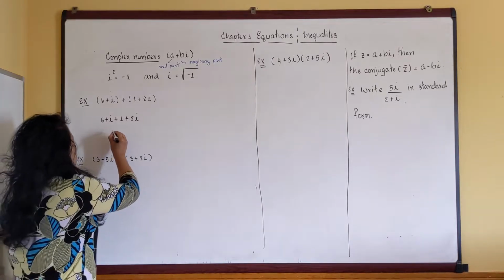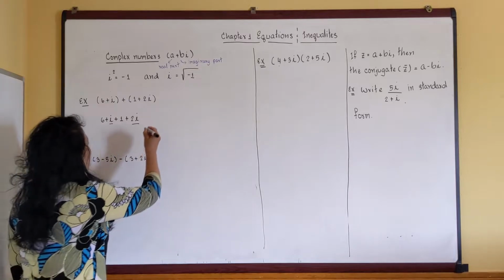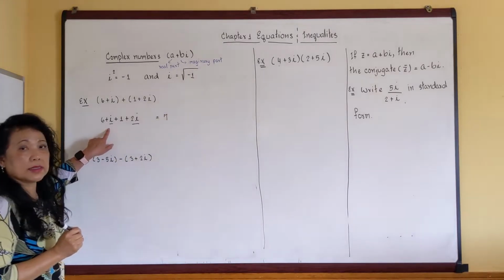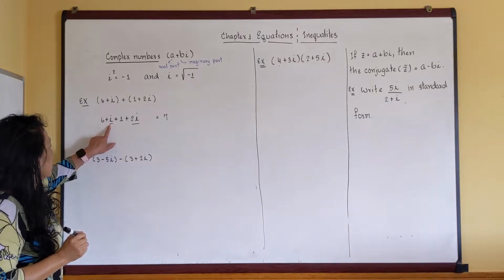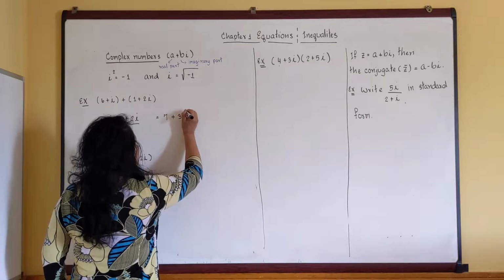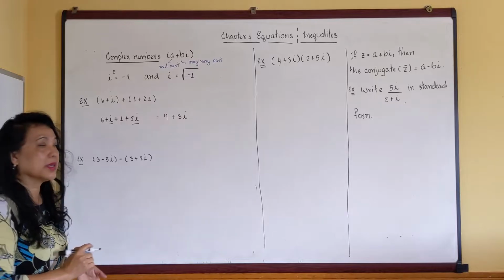Think of this as like terms. So I'm going to add 6 plus 1. 6 plus 1 is just 7. And then I'm going to add the like terms here. 1 and 2 become 3, so plus 3i. So my a is 7, my b is 3.